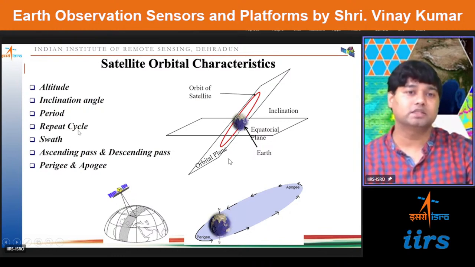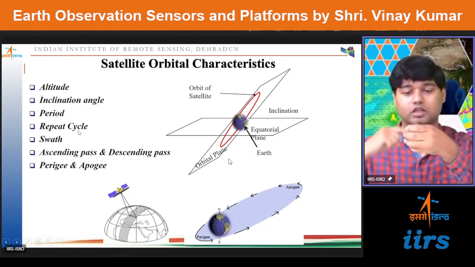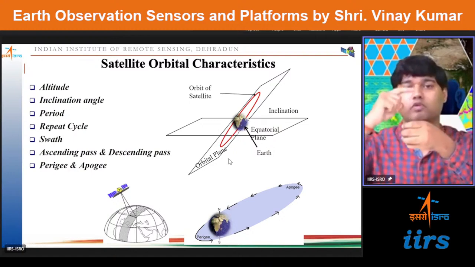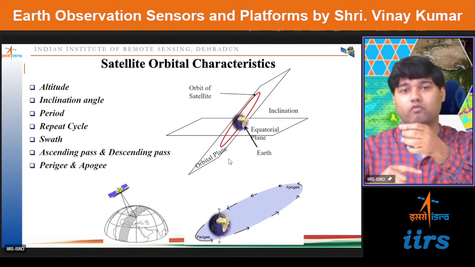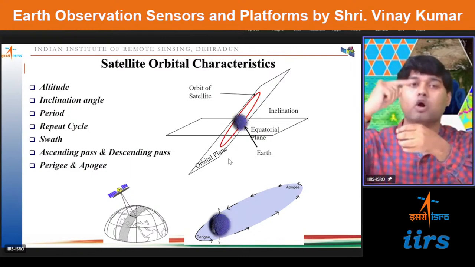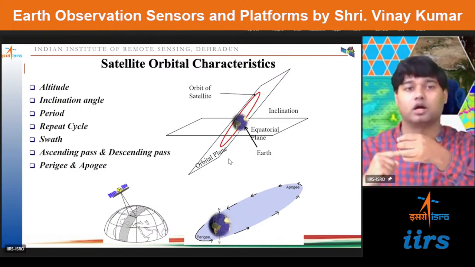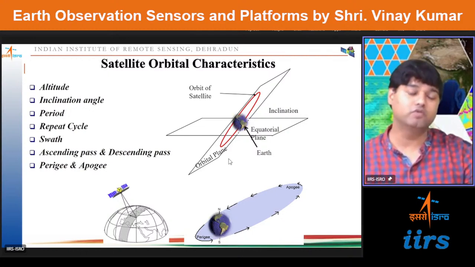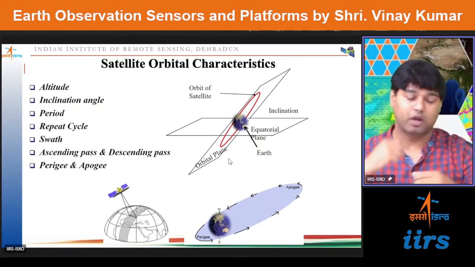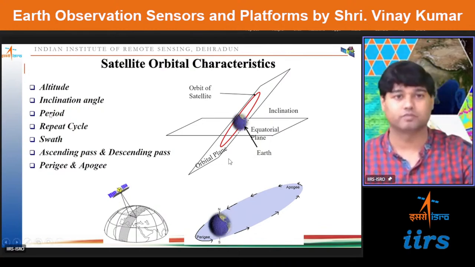Repeat cycle: suppose this is Earth and the satellite is revolving from North Pole to South Pole. Earth is continuously rotating from west to east. The same orbital path followed again by the satellite is called the repeat cycle, meaning we are revisiting by making the same orbital coverage.